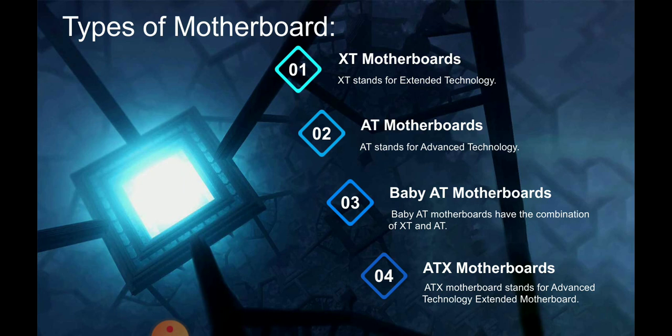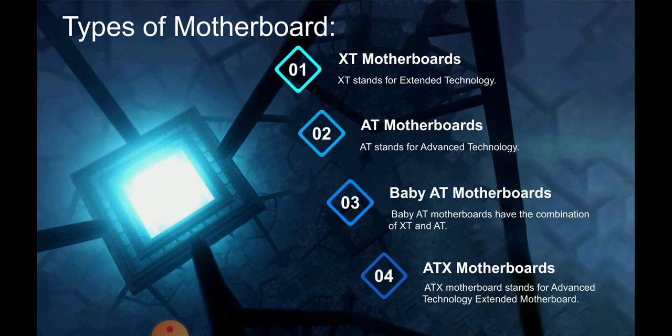Okay. Now ATX motherboard. ATX stands for Advanced Technology Extended motherboards. These are the latest motherboards. This has mPGA processor sockets, DDRAM slots, PCI slots, AGP slots, primary and secondary IDE interfaces, SATA connectors, 20-pin and 24-pin ATX power connectors, and ports.